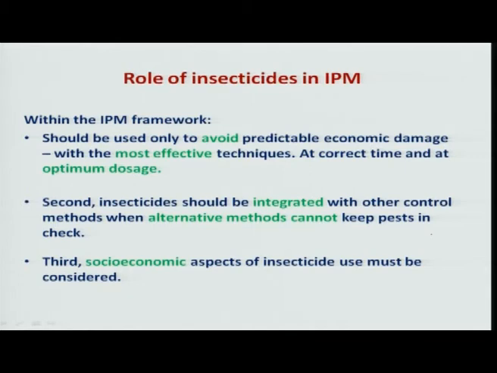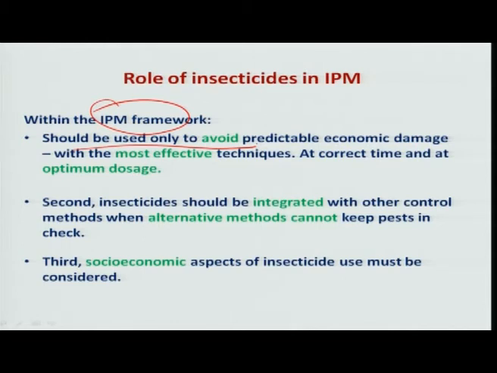Knowing all these things, even today, particularly in tropical and subtropical conditions, because of the insect population outbreaks, we need to include insecticides in the IPM, and we need to observe a definite framework. In my opinion, it should be used only to avoid the predictable economic damage.